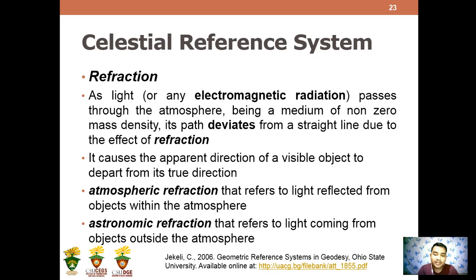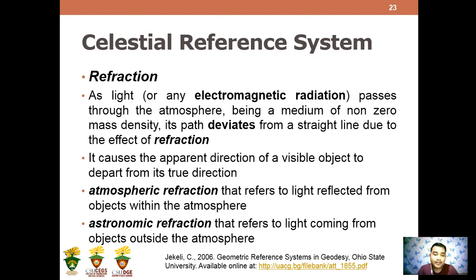As you have probably discussed in your science classes before, when an object or the electromagnetic radiation passes through another medium or substance, there is refraction, a deviation in the direction of the electromagnetic radiation. It causes the apparent direction of the visible object to depart from its true direction. So light passes through the atmosphere, which is another medium, so it deviates and refraction happens.